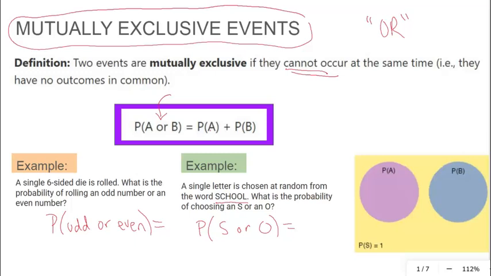So if I wanted to find S or O, I would find the probability to pick an S, and then I would add the probability to pick an O. So on an S, we've got 1 out of 6, plus O, there's 2 out of 6. And so altogether, we end up with 3 out of 6, which is also 1/2. And that would be our probability. So for mutually exclusive events, you add each of the probabilities together, or you count them up, however you want to think of it.